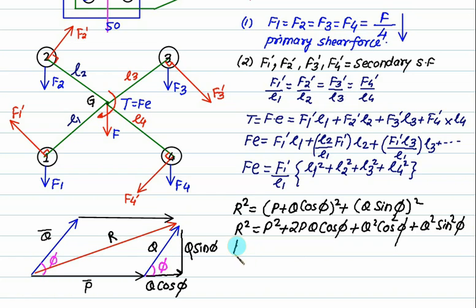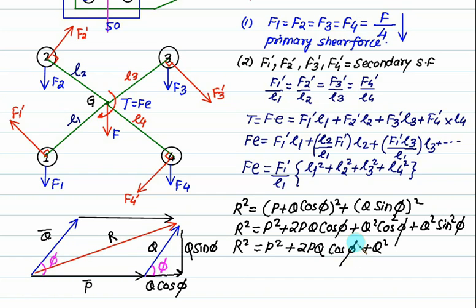So R square equals P square plus twice PQ cos phi plus Q square, because cos square phi plus sin square phi is 1. So the value of R is dependent on the value of P, the value of Q, and the angle between them. Now if this value is negative, then R will be a lower value.